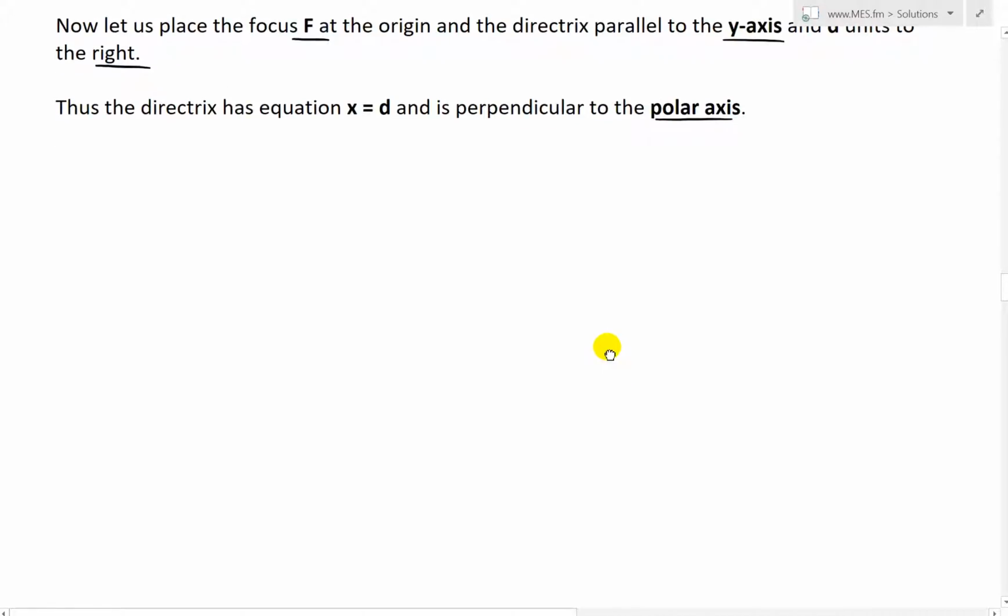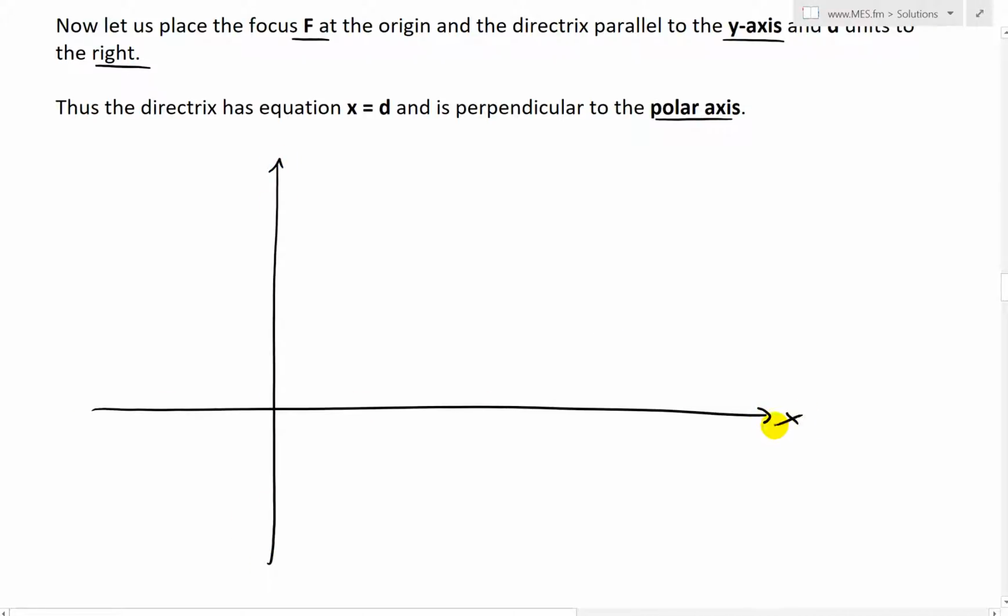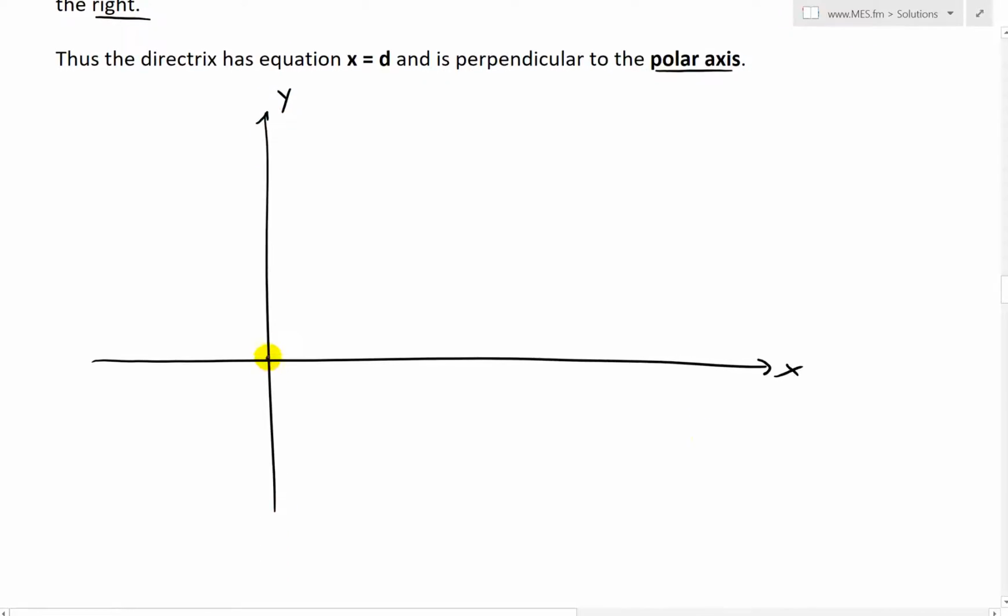Alright, so what we have here is the y and the x-axis like that. This is the y, this is the x. Let's say this is the point F like that. So we set the focus over there, and also this is going to be our polar axis, as I showed in my earlier videos, which by convention is the positive x-axis.